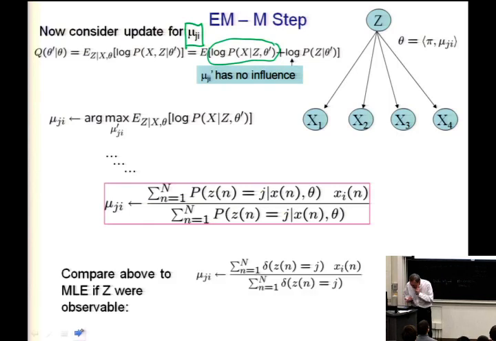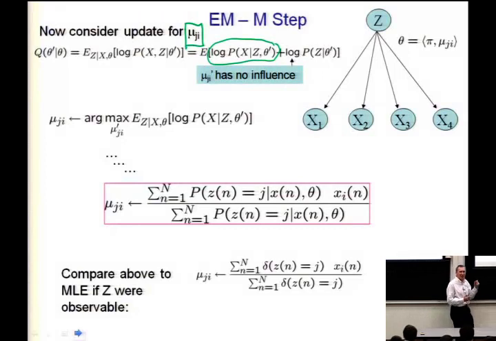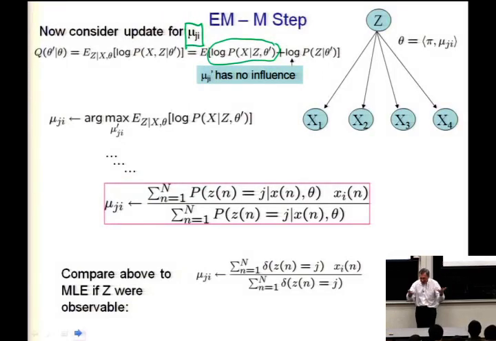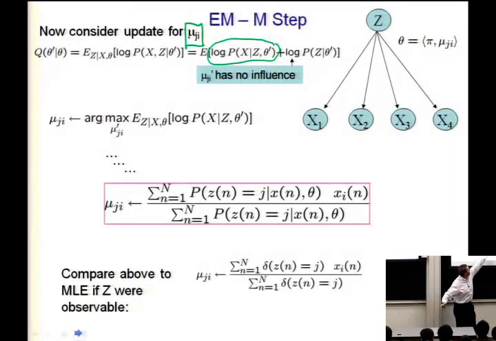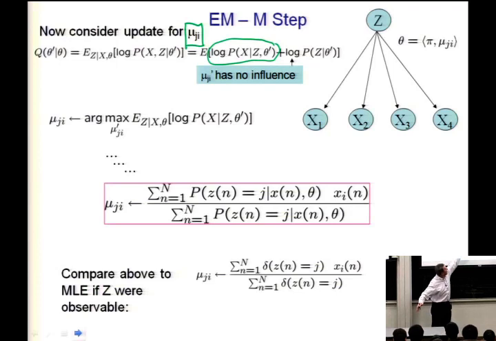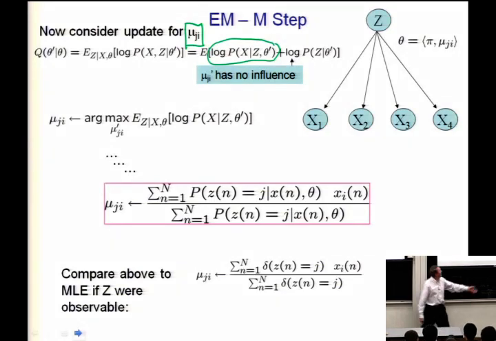To understand that, let's compare it to what we would get if we had fully observed data. If I said, here's a set of data points, these ones have y equals 1, these have y equals 0, tell me the mean for feature i when y equals j, in our case we're calling it z, then you would just say it's the sample mean of all those data points for which y equals 1.